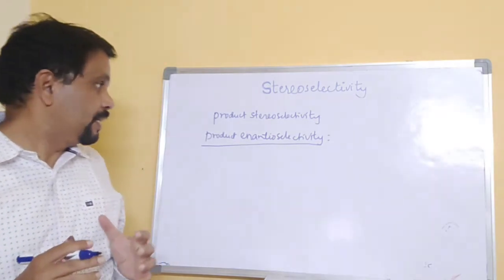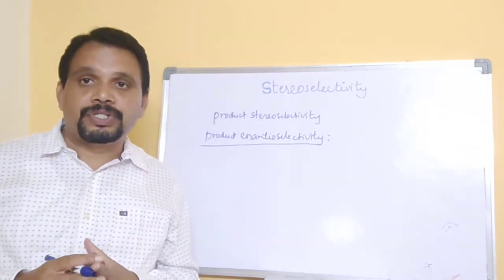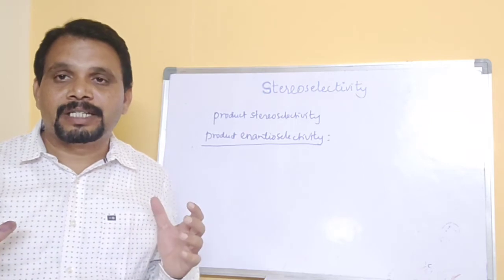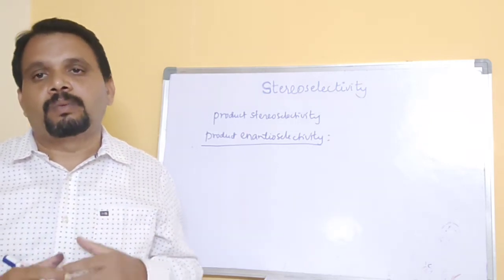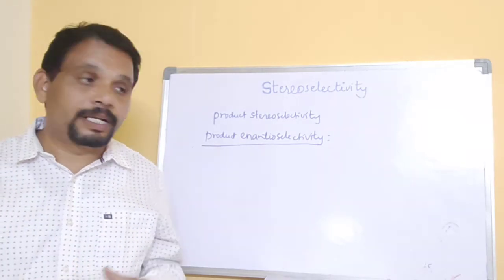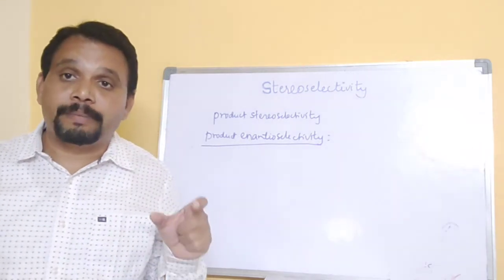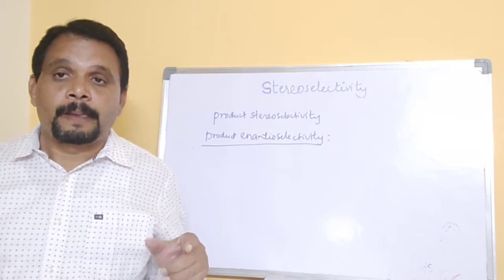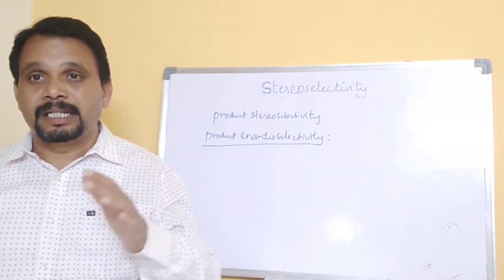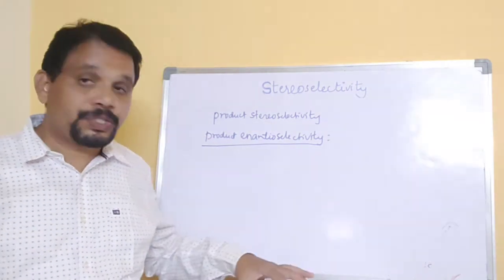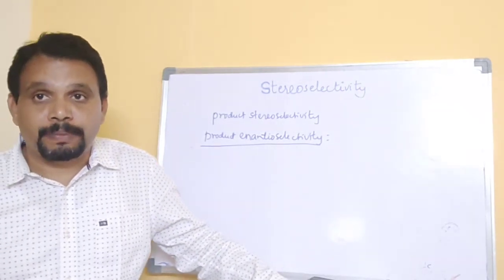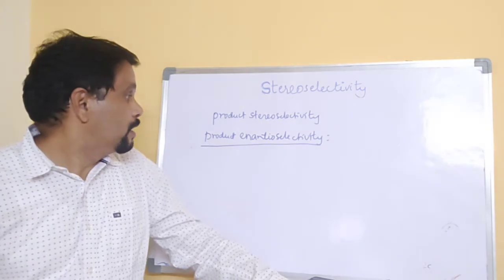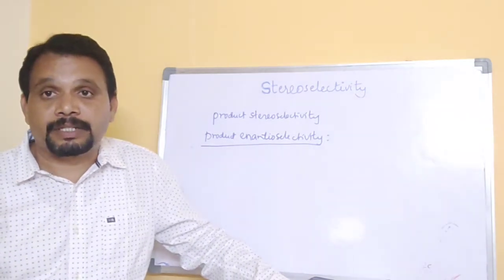A chemical reaction which yields predominantly or exclusively one stereoisomer or enantiomer over the other possible enantiomers, by reacting at a specific three-dimensional space, is known as product enantiomer selectivity.